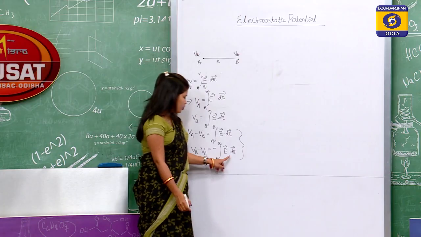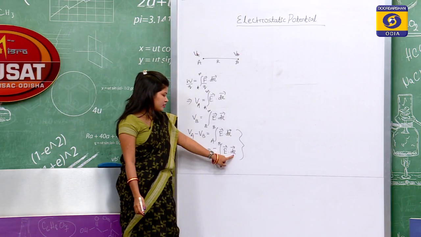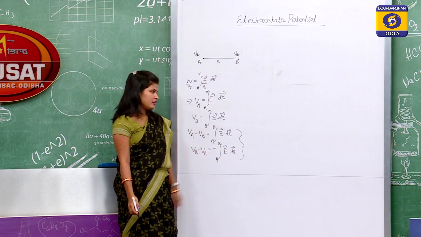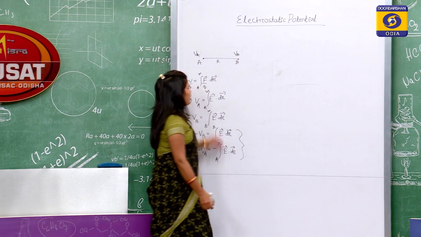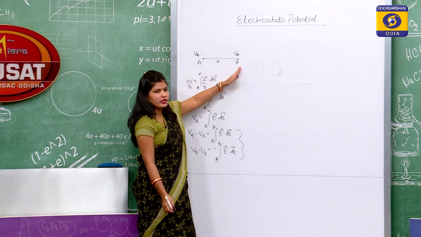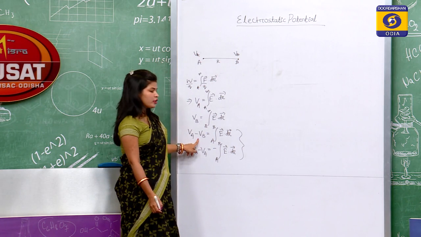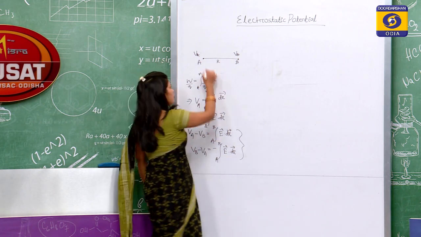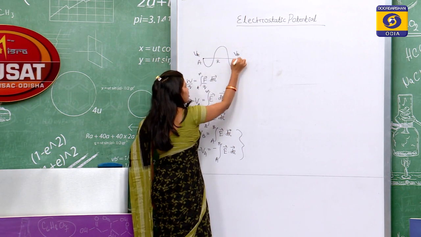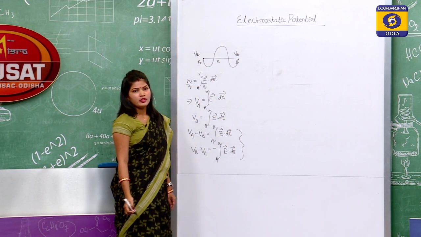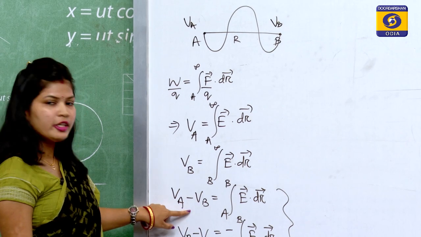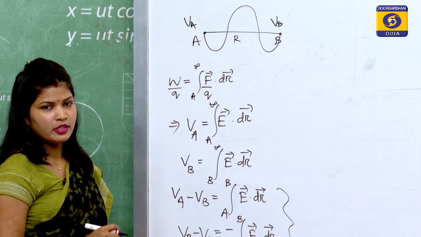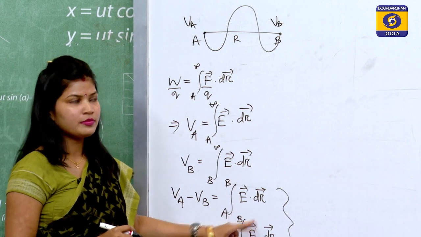Now, I want to change the dr to a different symbol, dl. So, when I go from A to B, this is the potential difference. Suppose I go in this other way, then the potential difference V A minus V B is not going to change, it is the same as it is.